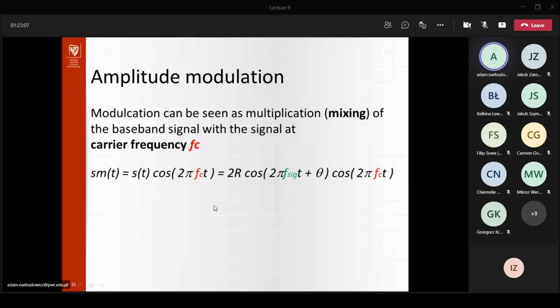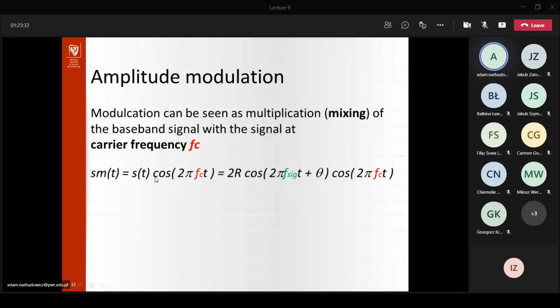Just to see how it works, let us assume that we have a modulated signal SM, and S(t) is the slow changing signal, 2R cosine 2 pi f_sig t plus theta.